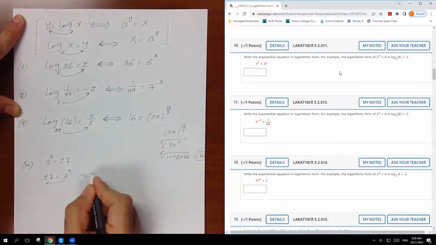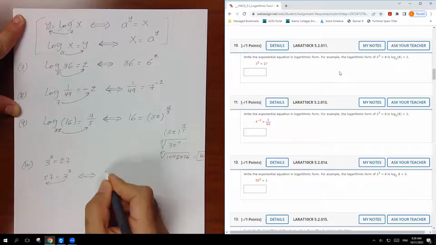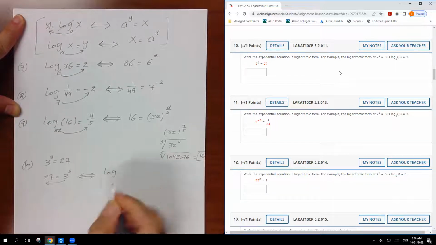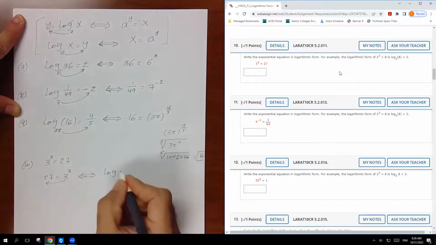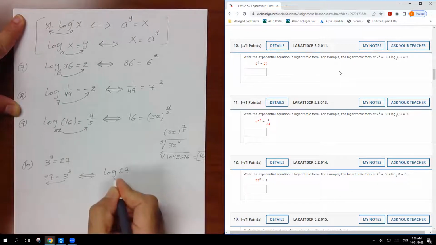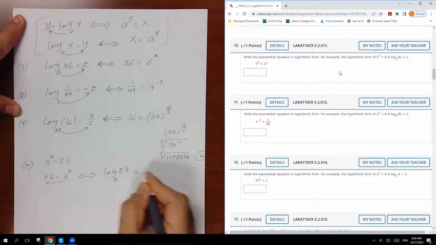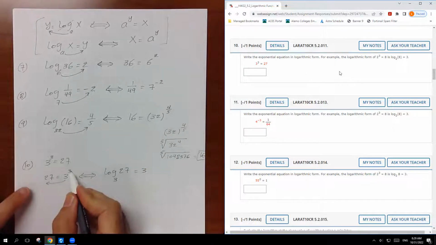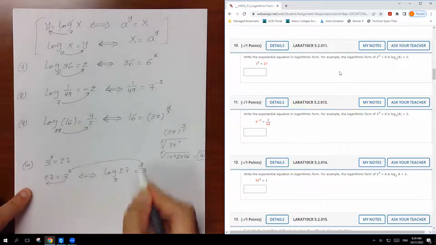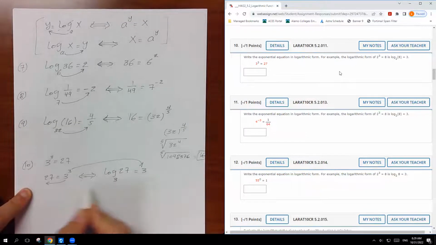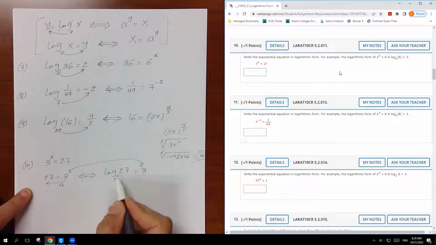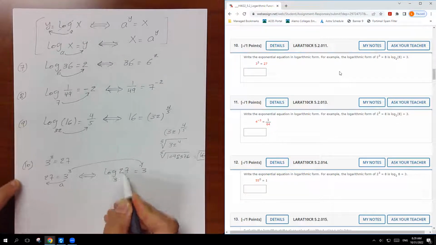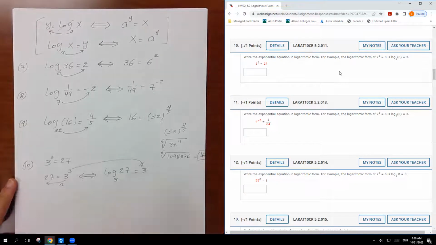That means to write down the log form, I'm going to write down the log, bring back the base, and here is the 27. The base is 3. The left is going to be 3, which is this number. So this is the left, and here is the base. We're going to bring back the base. You have to write down the log, and here is the 27. So this is the log form.